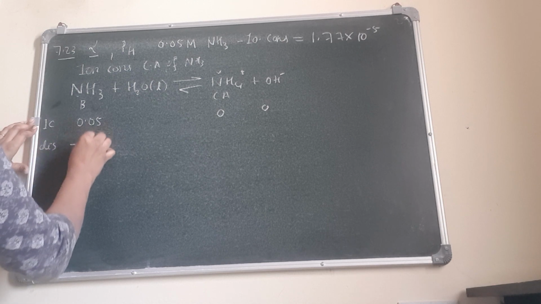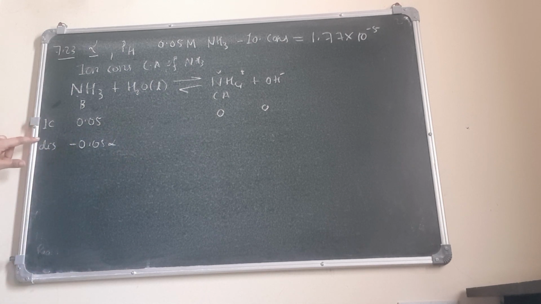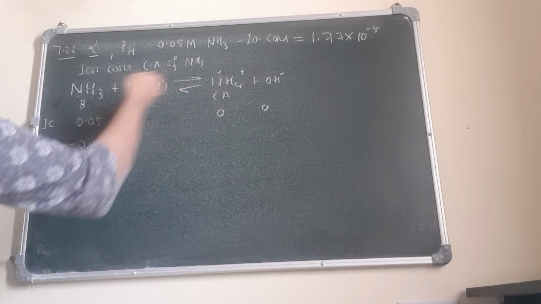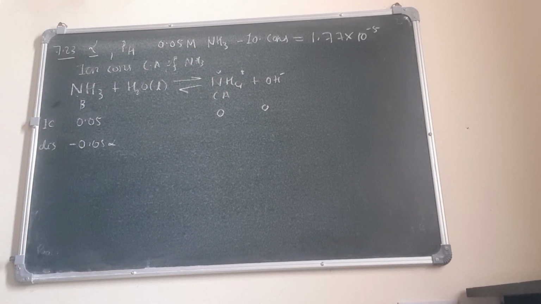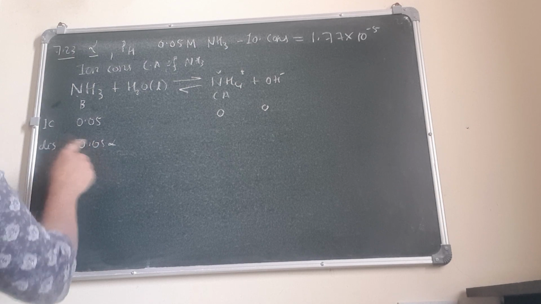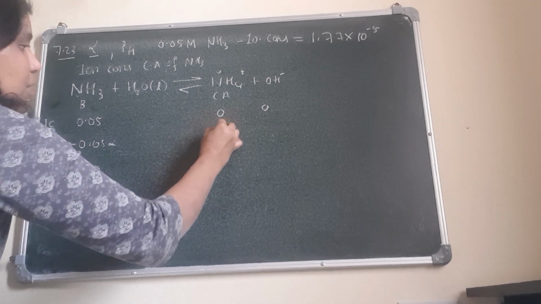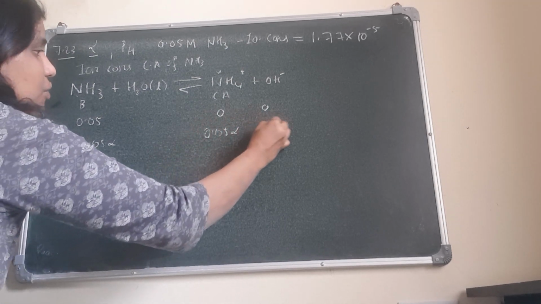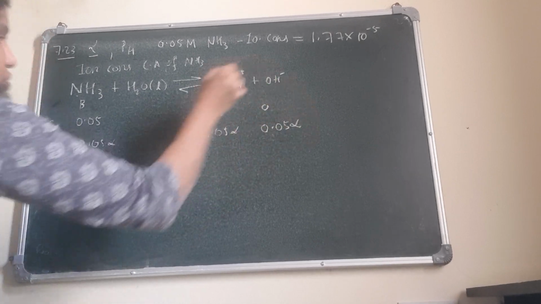It is minus 0.05 alpha. I told you alpha is the extent of how much of ammonia is getting converted into ions for 1 mole. So now we have 0.05 moles, so it is 0.05 moles into alpha, and here also it is 0.05 moles into alpha.